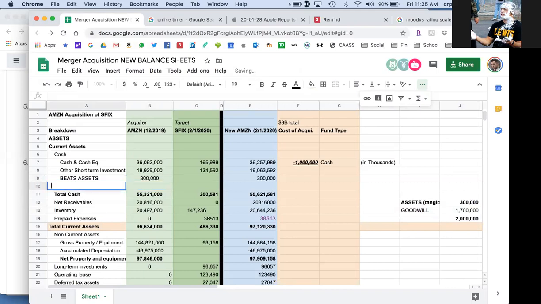And then this would be goodwill, because it's got to be logged on the balance sheet. It's $2 billion that Apple is spending. You have to log it on the balance sheet. When you purchase Beats, it's got to be on your balance sheet, right? So the goodwill is an asset worth 1.7 billion. And the actual assets, like the tangible ones, are $300 million.